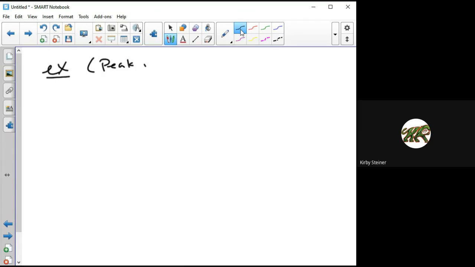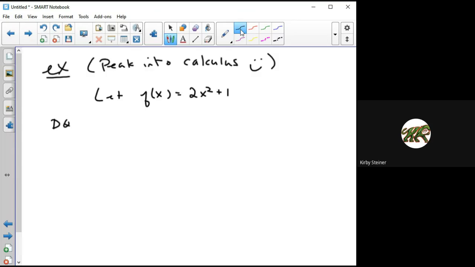The peek into calculus. Let's look at the example. Let's let f of x equal 2x squared plus 1. What's the difference quotient? The difference quotient of x.